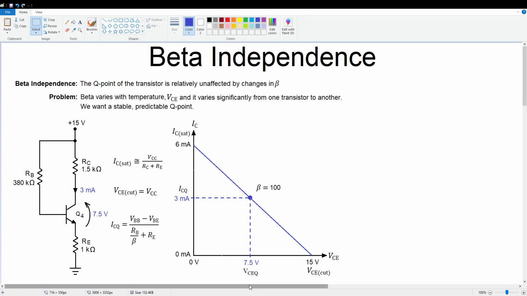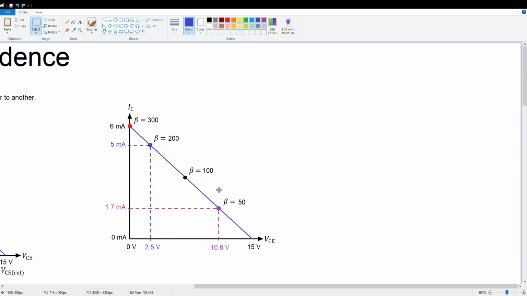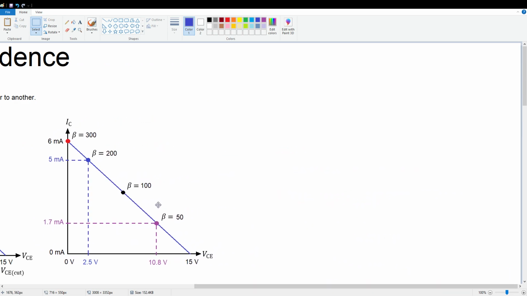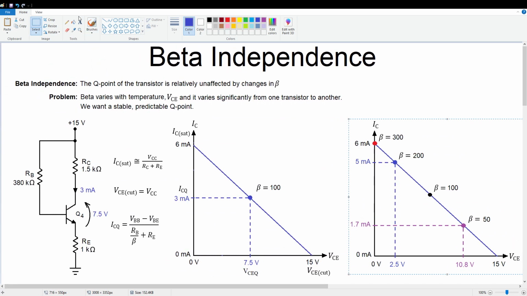I've already done the load line Q point locations, and let me drag that load line over here, and let's take a look at what we've got. If we happen to grab a transistor that had a beta of 50, that moves our Q point from the center over towards cutoff, and we end up with 1.7 milliamps ICQ, 10.8 volts for VCEQ.